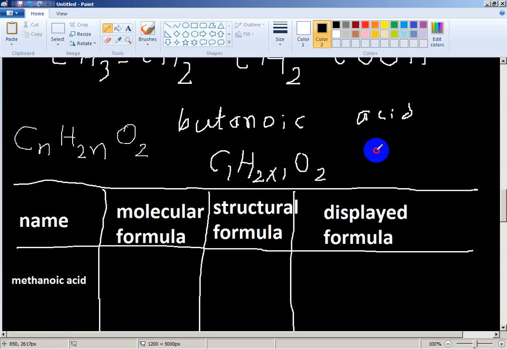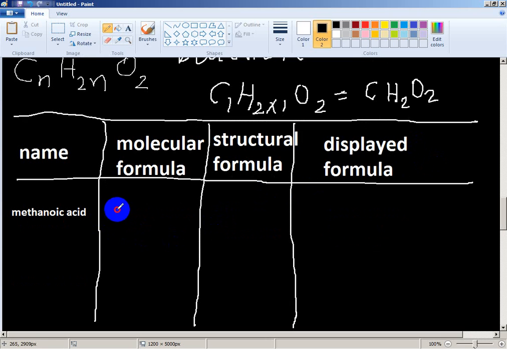So what is this? C1 H2 O2. Okay, this is the molecular formula of methanoic acid. C1, one carbon, hydrogen 2, oxygen 2.